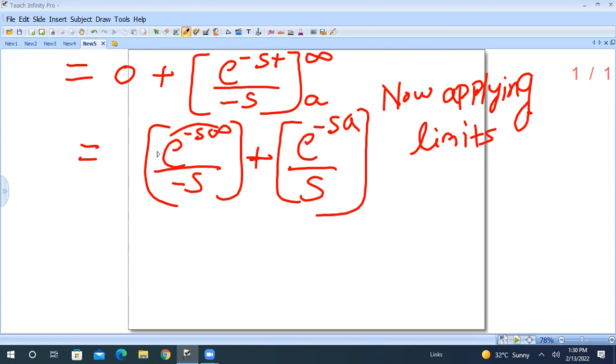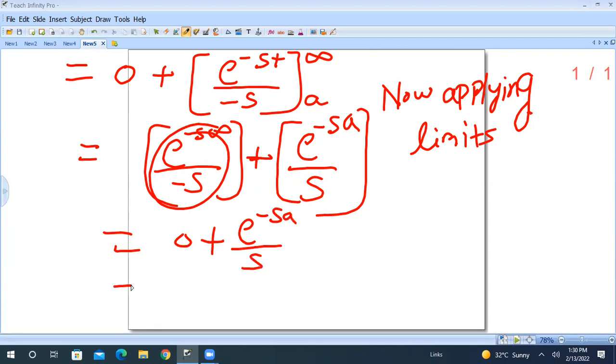The whole first term gets cancelled: 0 plus e to the power of minus s a divided by s. The last remaining term is e to the power of minus s a divided by s.